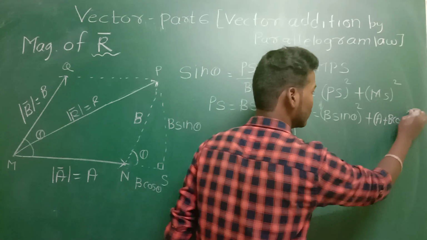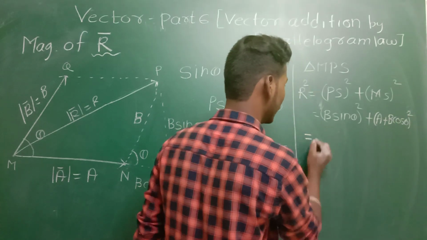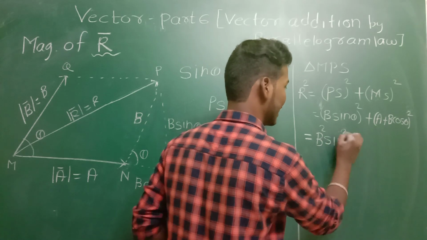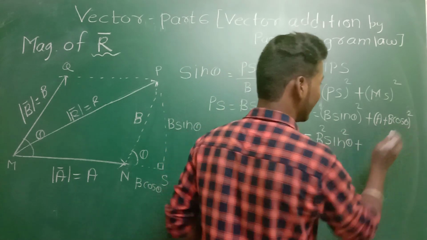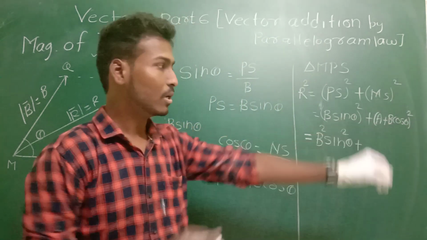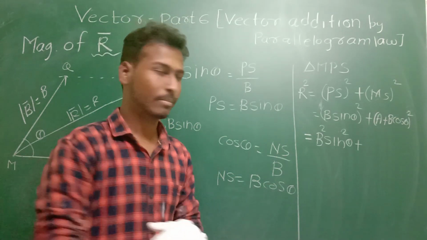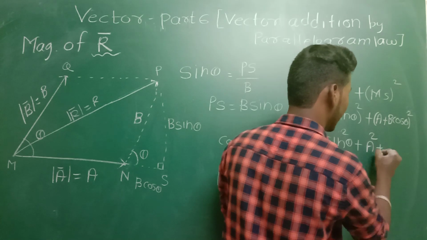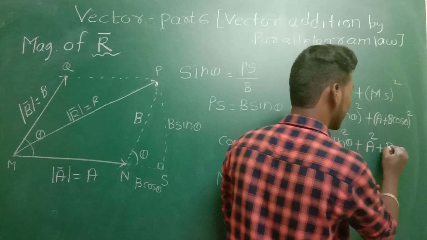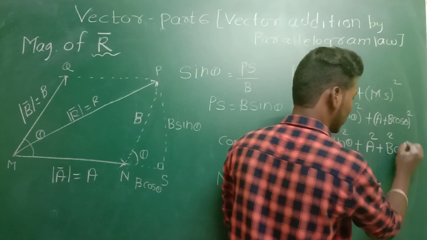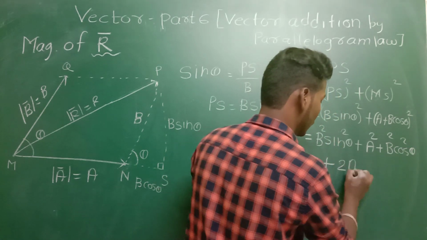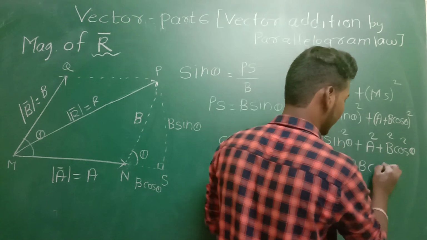Here this square is a bracket square. So that is equal to B square sin square theta plus (A plus B cos theta) whole square, which will be like A square plus 2AB plus B square, that kind of thing. So A square plus B square cos square theta plus 2AB cos theta.